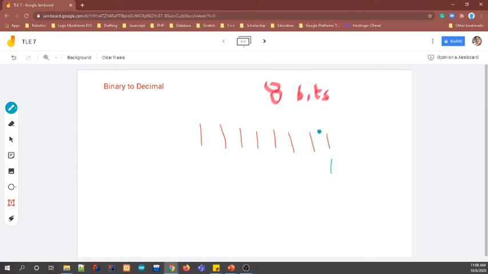Ang value aning second to the right kay 2. Ang third kay 4. Then 4 times 2, it's 8. 8 times 2, 16. 16 times 2, 32. 32 times 2, 64. 64 times 2, it's 128.